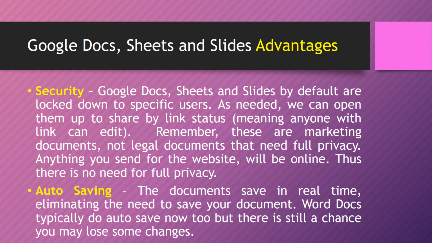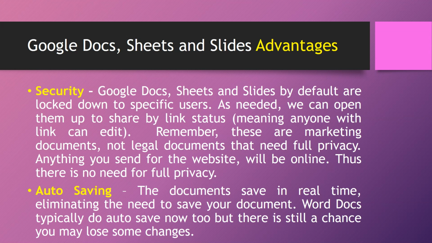So Word docs typically do autosave now too, but there's still a chance you may lose some changes. That's on Microsoft Word now. Do you understand that? So sometimes you may lose some of the things you enter, depending on the autosaving timing that you've set.